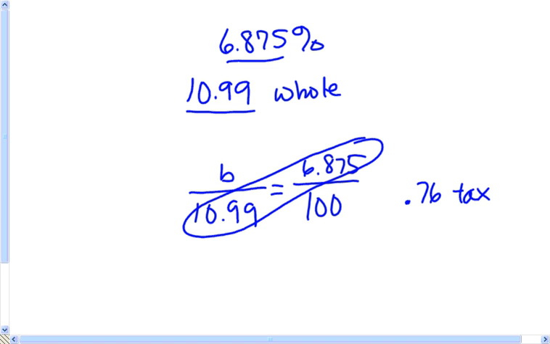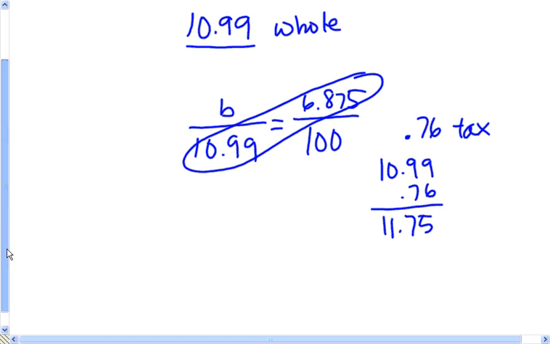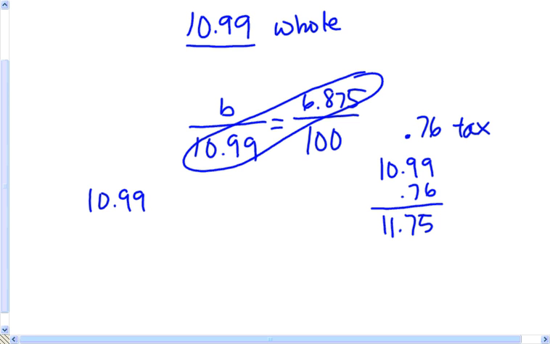If we want to know how much we would pay for the item, we would have to add 1099 plus 76 cents, which is $11.75. Now, another way to use that proportion would be to think about if I need the price with the sales tax anyway, I can think of this 1099 as 100% of the price.